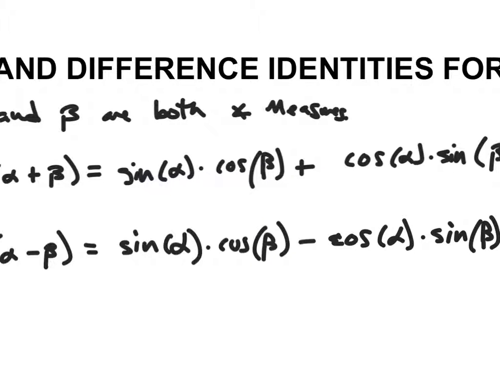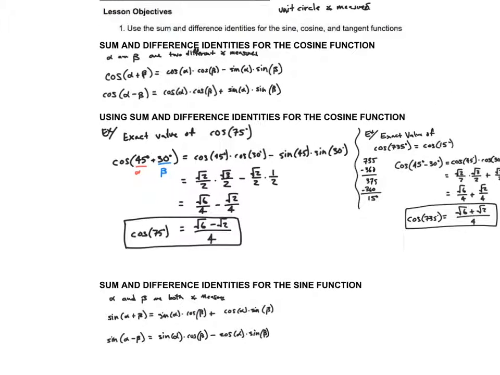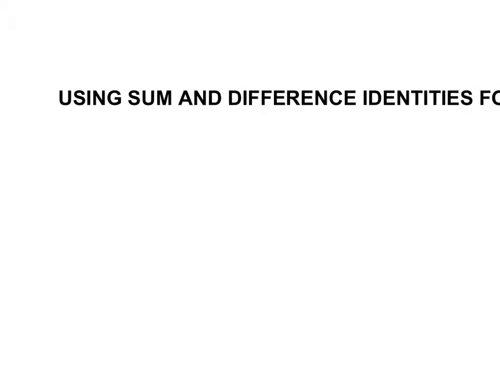The way I remember this: for sine it's sine, cosine, cosine, sine, where the one above it was cosine, cosine, sine, sine. Whatever works for you. That's how I remembered it.